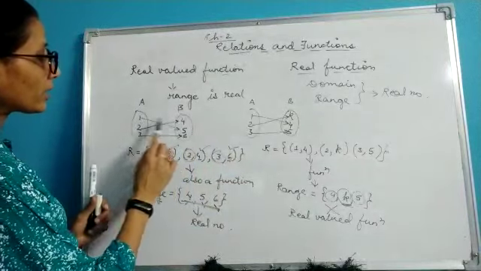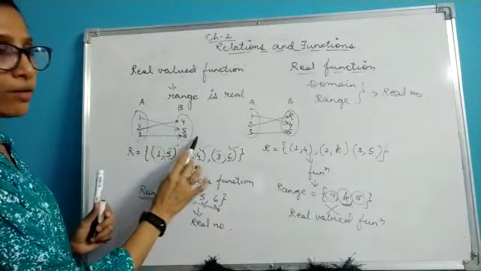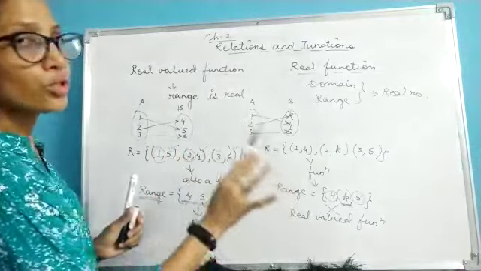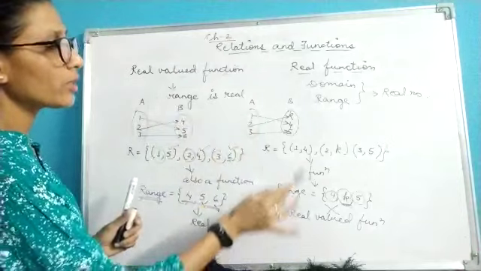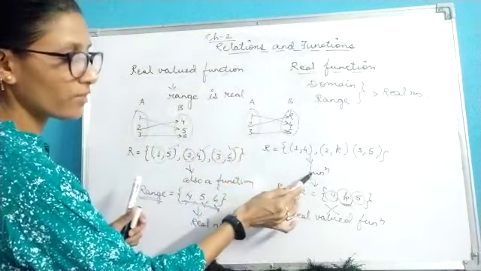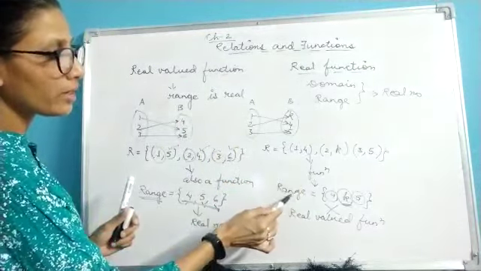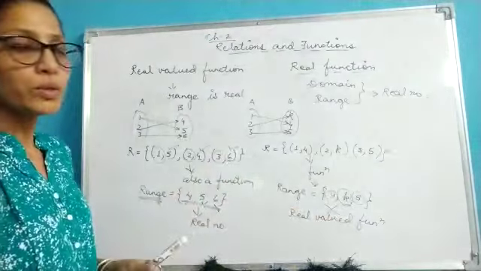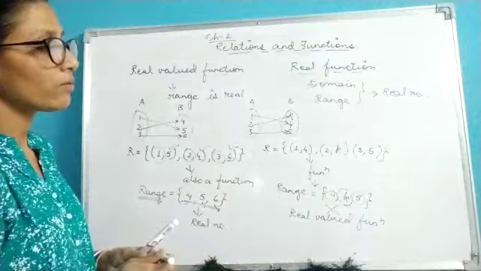So here I can say this is a real function, whereas here I can say this is not a real valued function. Yes, of course the relation is a function, but its range doesn't contain all elements as real numbers. That's why it is not a real valued function.